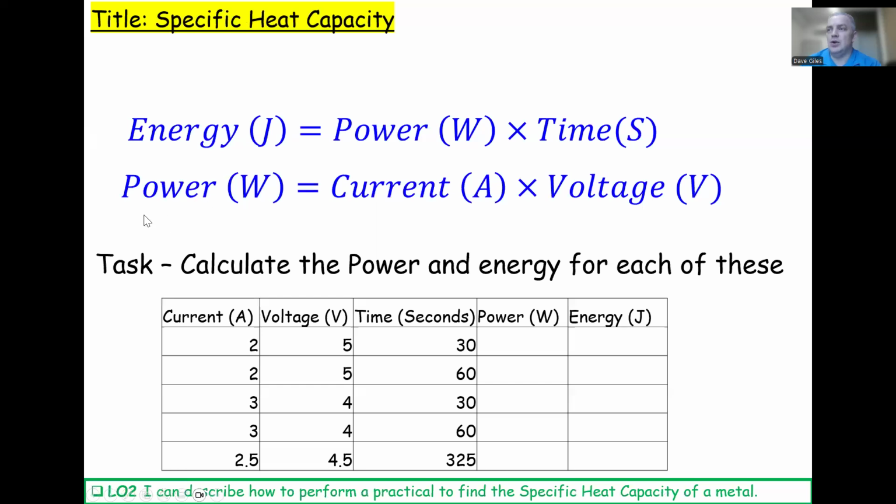However, you haven't looked at electrical power yet, which is something you do need to know for this, and you'll study this later in the course. So power is current times voltage, and energy is power times time. So if you work out the power and energy of each of these, so the current, voltage, and how long it's been switched on, I'll put answers on. It's fairly straightforward calculations.